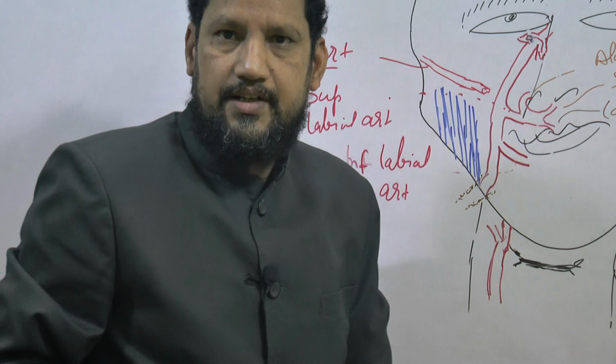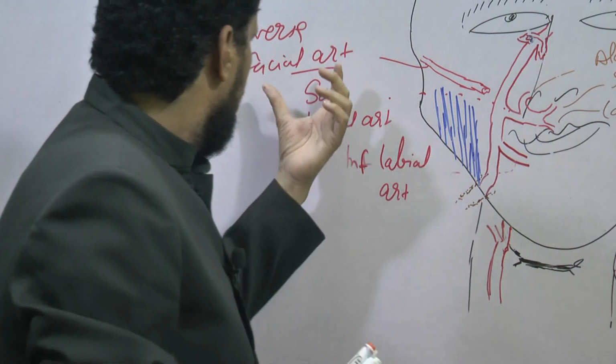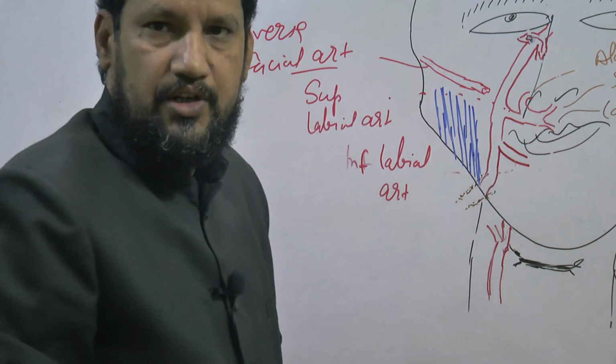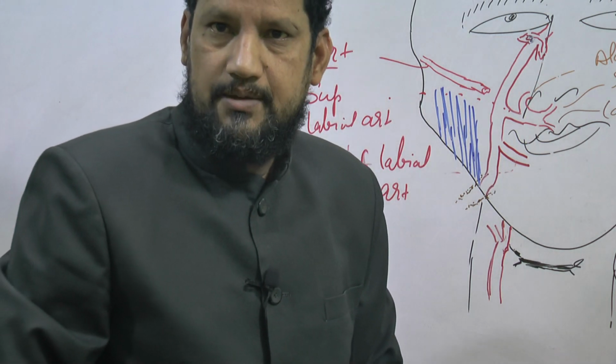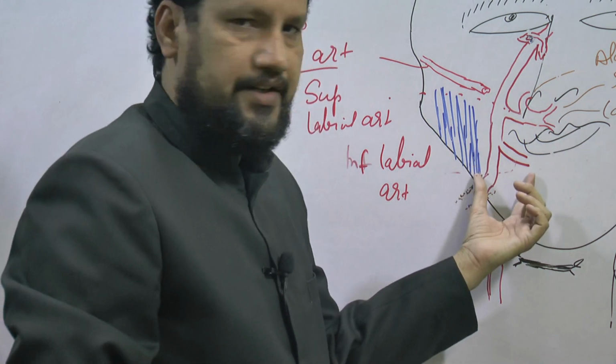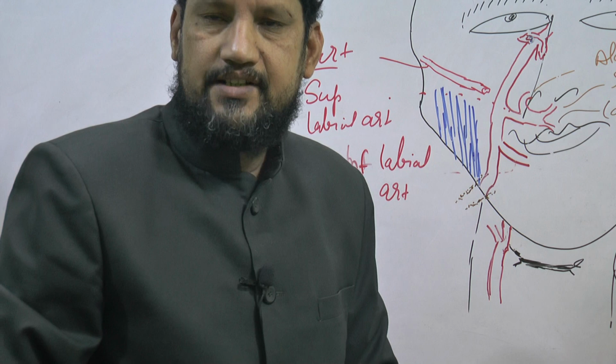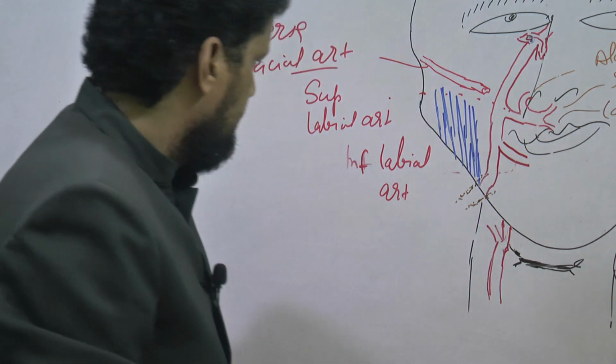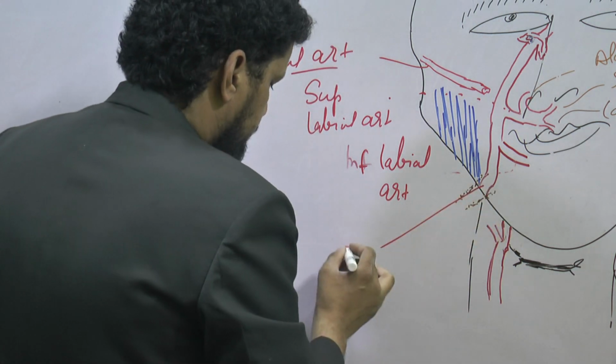The transverse facial artery is a branch of the superficial temporal artery, which is a smaller terminal branch of the external carotid artery. The facial artery is also known as the external maxillary artery. So this is the facial artery.